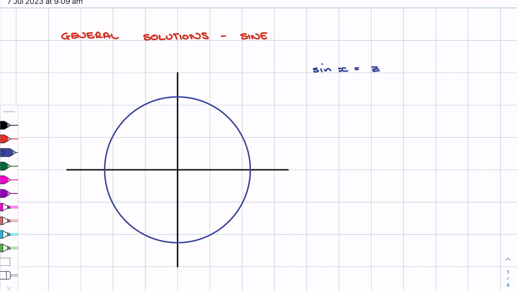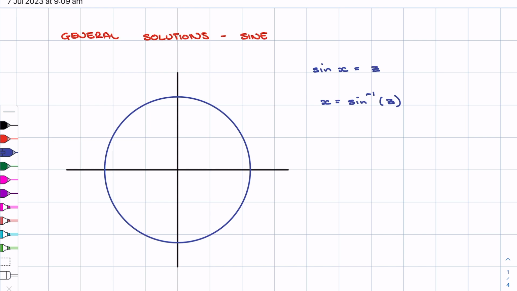Okay, and if we want to find x being the angle, x is going to be the inverse sine of z.